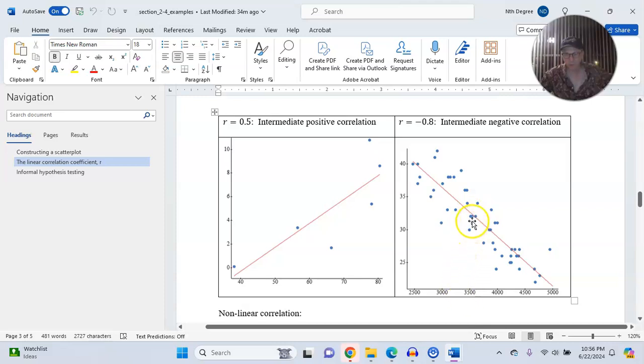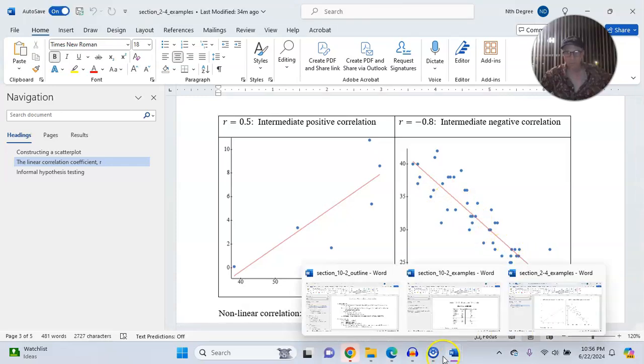Whereas this blue dot here has an x value of 3,500, but its y value is a little bit below that. Y is a variable. Each one of these different points has a y value. Some of them are above y hat, and some of them are below y hat. The line represents y hat in the middle, the predicted value.